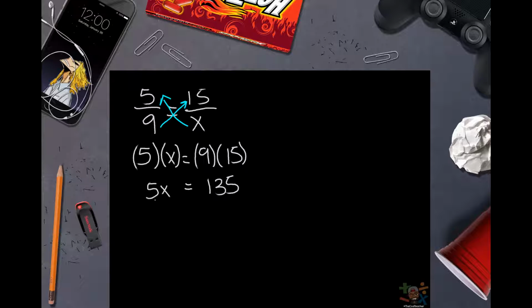So we basically have 5x equals 135. Well, how do I get to my answer? I want to get the x by itself. So I have to do the inverse operation on the side with the variable, being the x. So I'm going to have to divide this by 5, and whatever I do to one side, I do to the other.